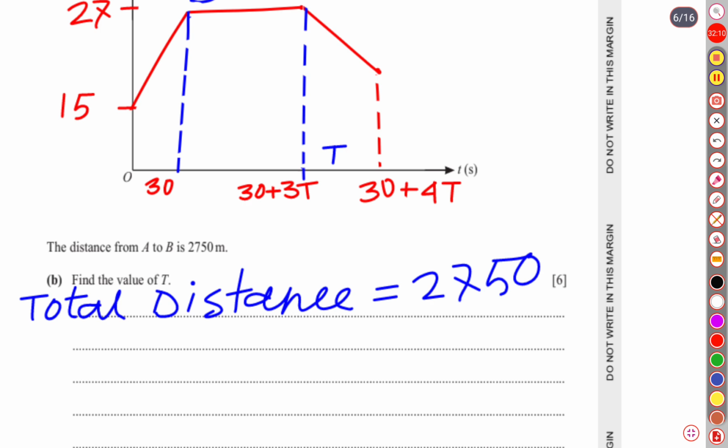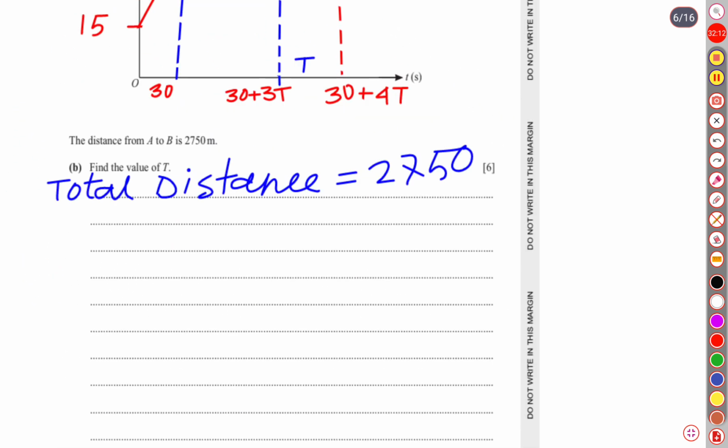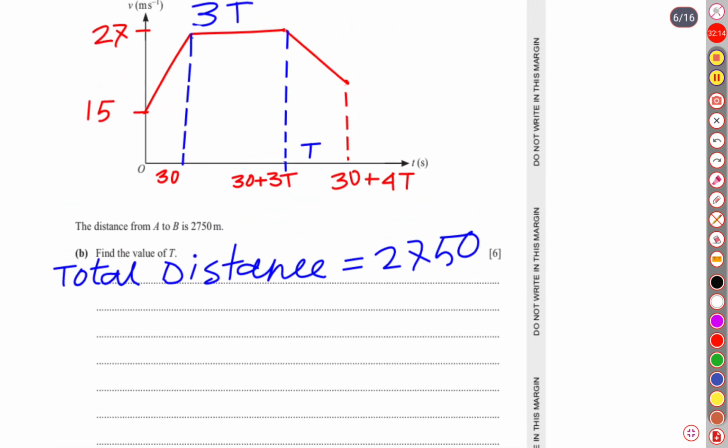So we write the area of a trapezium, which is half of the base, the base is 30, and then the sum of the parallel lines. One line is 27, and the other one is 27.